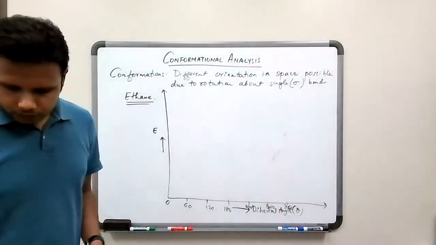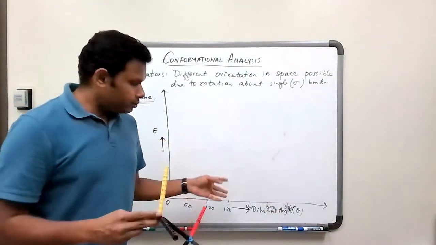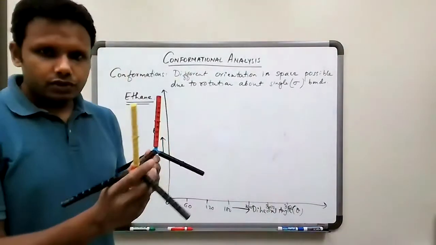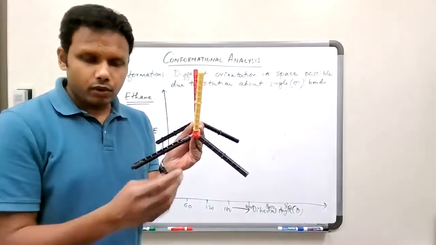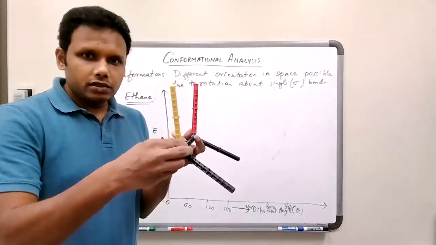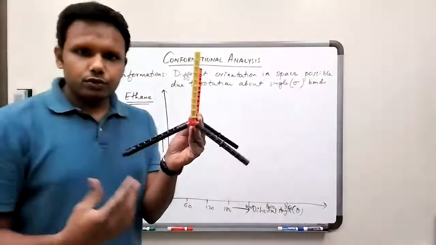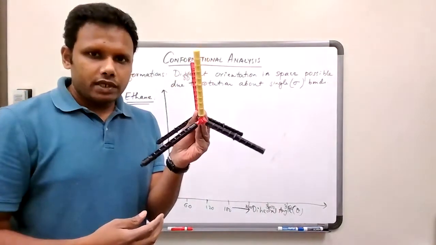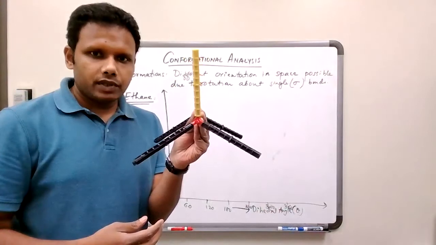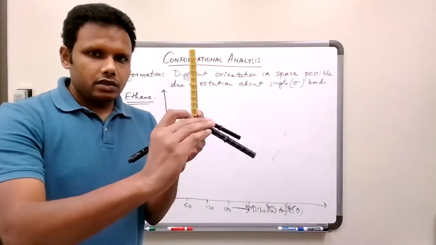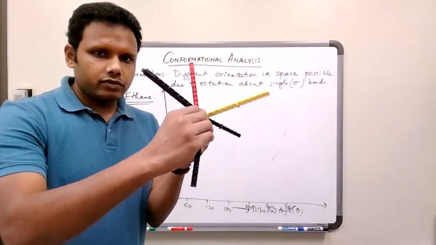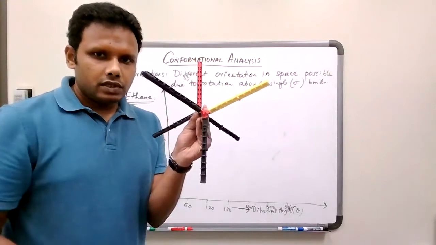But before we do that, let's talk about the two conformations. We have two important ones, and then many others in between. Of the two important conformations, one is an eclipsed conformation, which is this, and the other one is a staggered conformation, which is that.